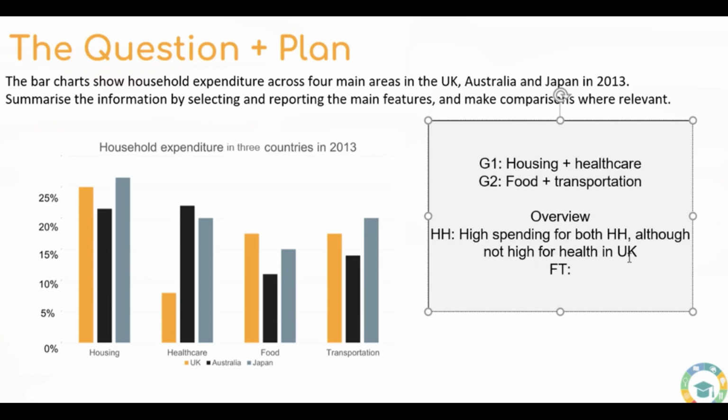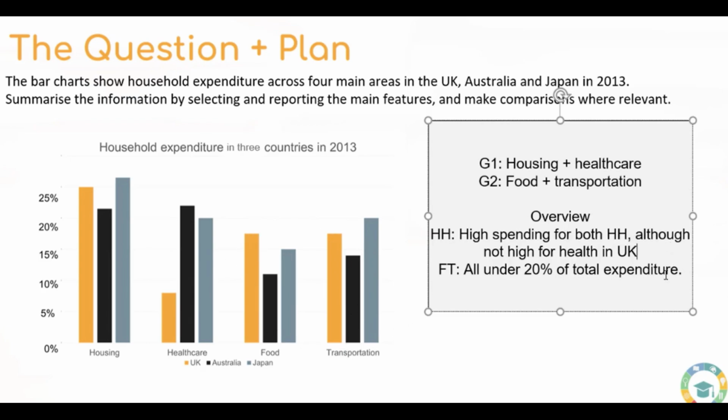Food and transportation seems to be all under 20% of total expenditure. And I'll just show you now. So, for food and transportation in all 3 countries, there is not one country spending more than 20%. So all countries spend less than 20% of their total expenditure on both food and transportation.